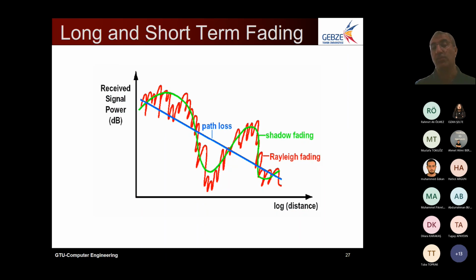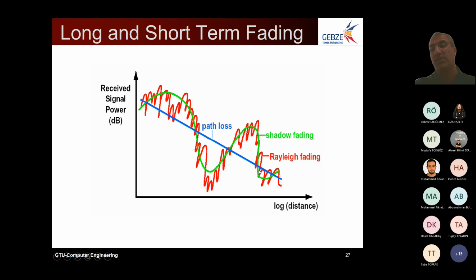Okay, let's show all these effects. Remember, there are three fundamental effects: path loss, shadowing, and Rayleigh fading. The smallest-scale one is called Rayleigh fading. This fluctuation, shown by the red line, is the real signal that we obtain in practice.